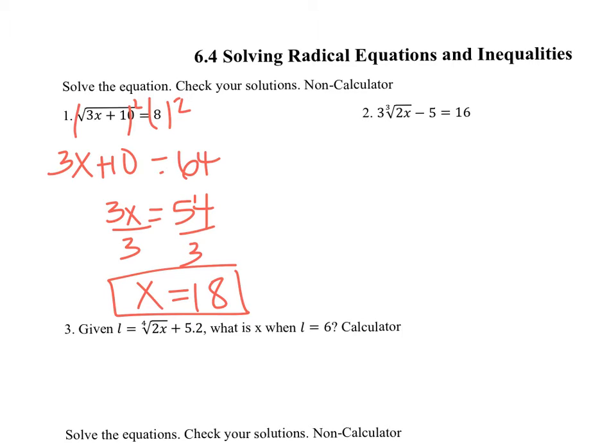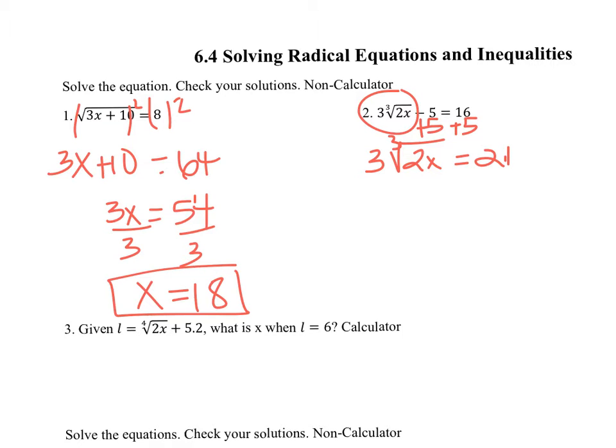Number 2. So again, we're trying to isolate x. There's a lot going on there. But just like before, whenever you had two-step equations, you always add or subtract first. So you're going to add the 5 over first and then try to deal with all that. Okay? So we have 3 times the cube root of 2x, and that equals 21 now.